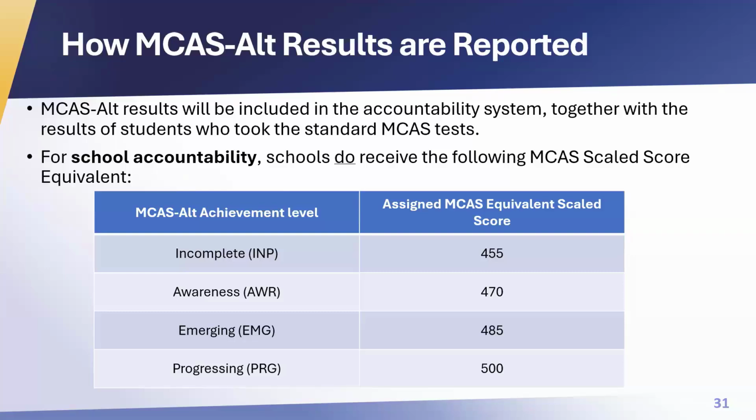So if a student gets incomplete, that student is assigned an MCAS equivalent scale score of 455, awareness 470, emerging 485, progressing 500. Again, these are assigned scores for the student just for the purpose of the accountability system. The students are not actually earning a score of 500 if they get progressing on the MCAS-Alt. It's for the accountability system for that particular school.